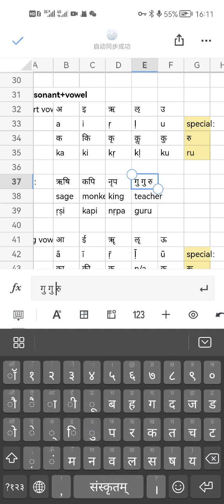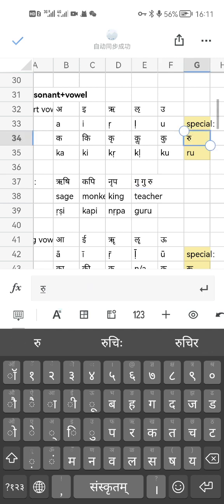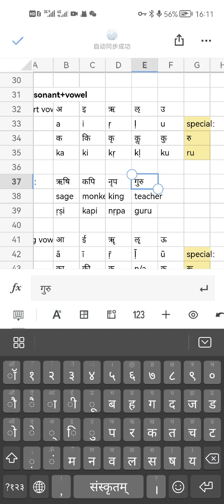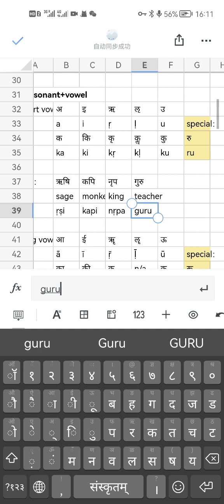So this is gu, and the second one is ru. This is the special one, ru. So we know this form is actually ru. So now we can recover it. It's guru, guru. This means teacher, guru, written like this.